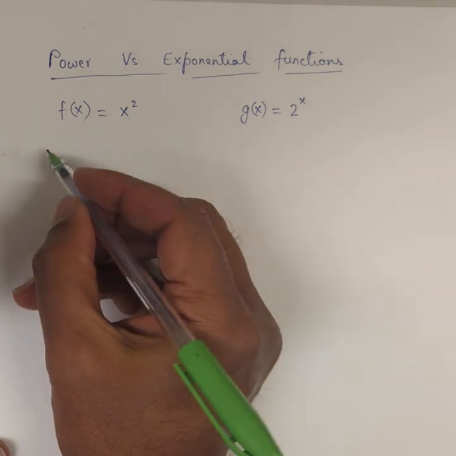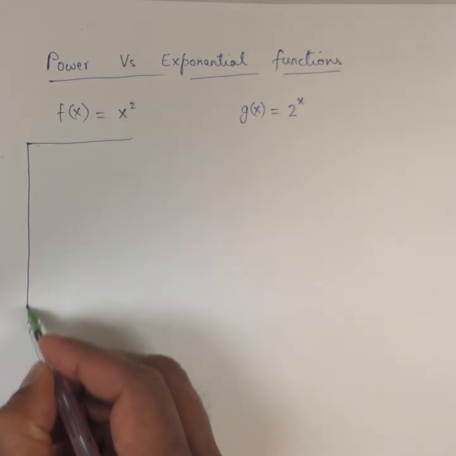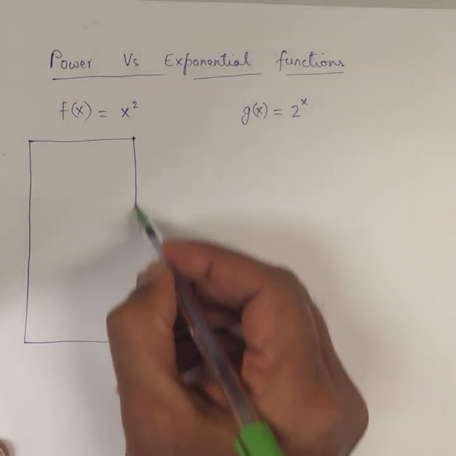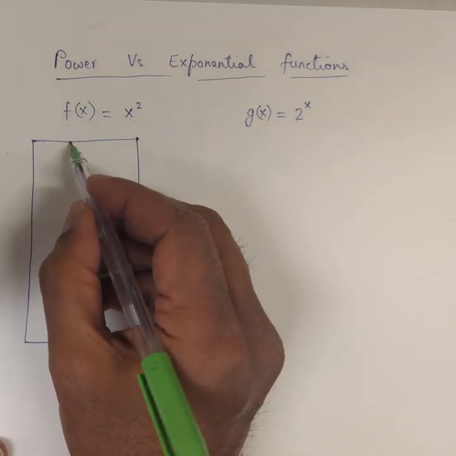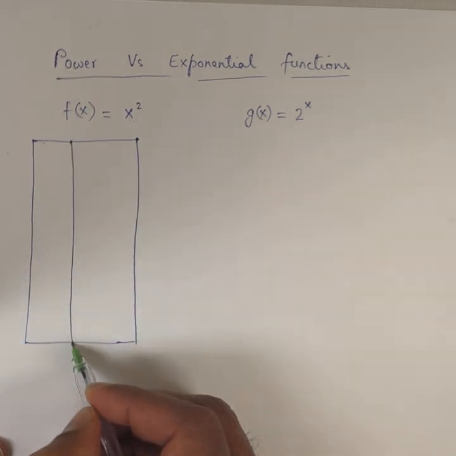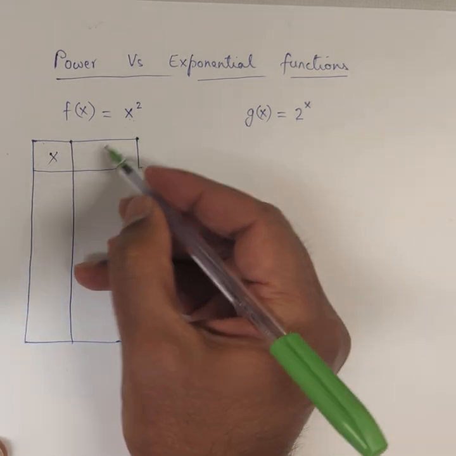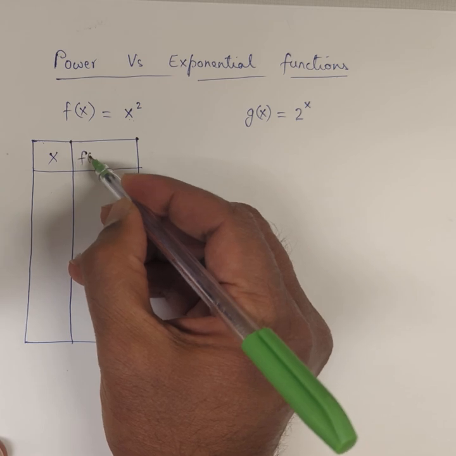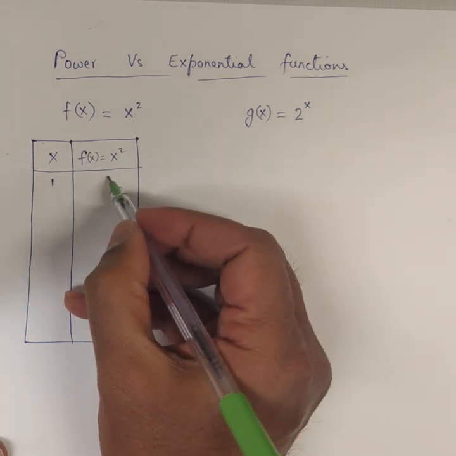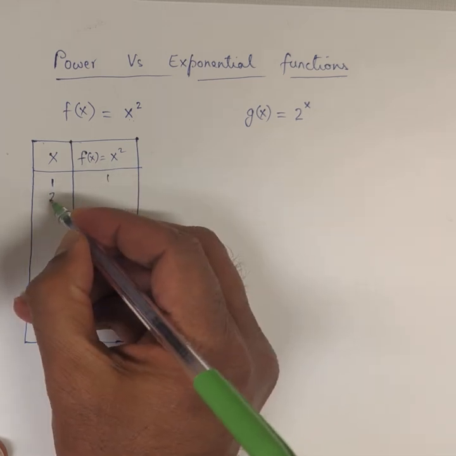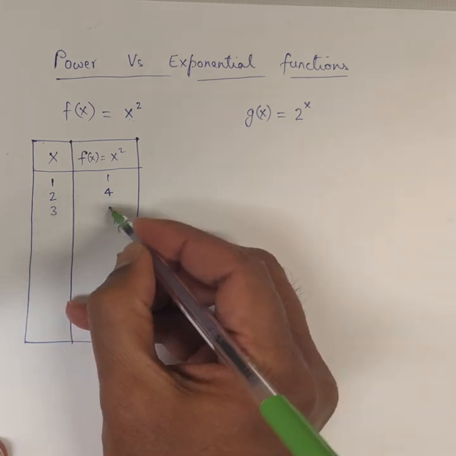Now notice, if I were to build a table of values for different x, let's see how f of x varies. So let's write down some values of x here and f of x here. When x is 1, x square is also 1. When x is 2, it's 4. 3 square is 9.